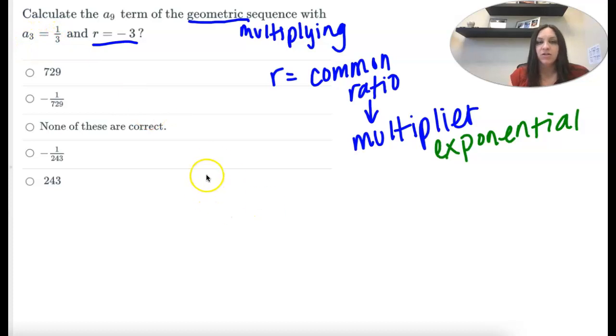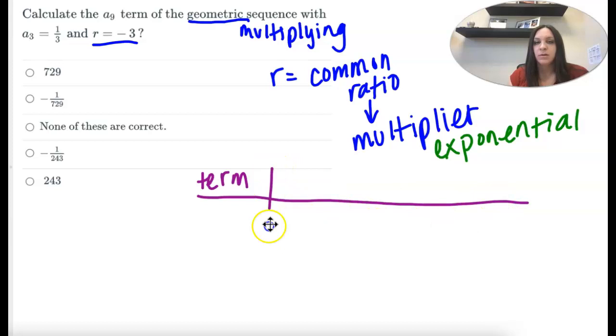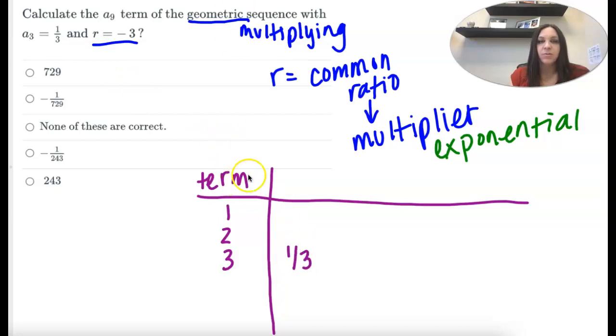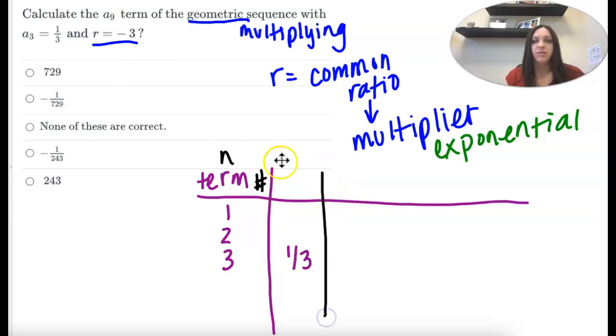So we're given the third term. I'm going to skip down to where the third term is 1/3. This is the term number, and we call that n. Our third term is 1/3, and our ratio is -3.